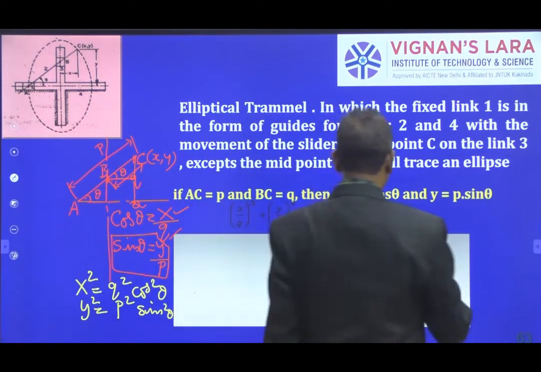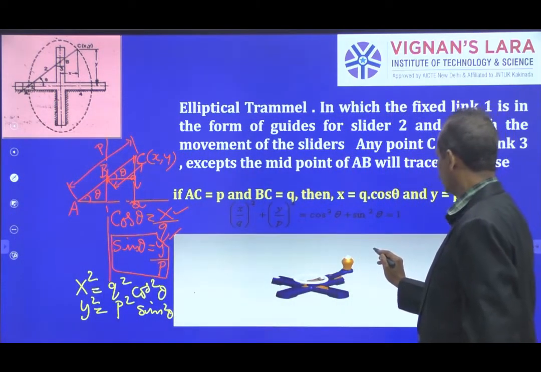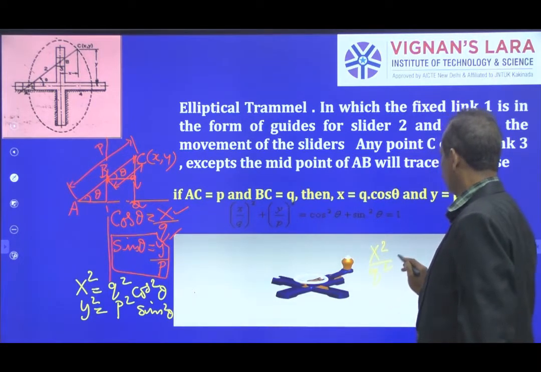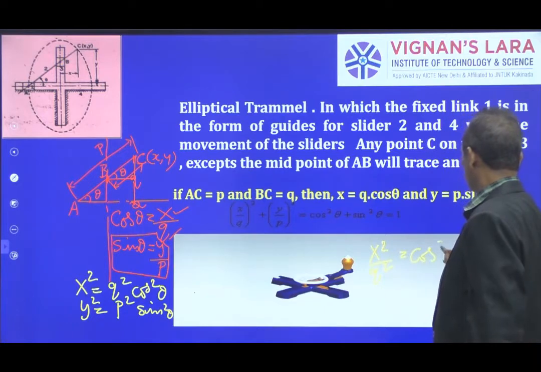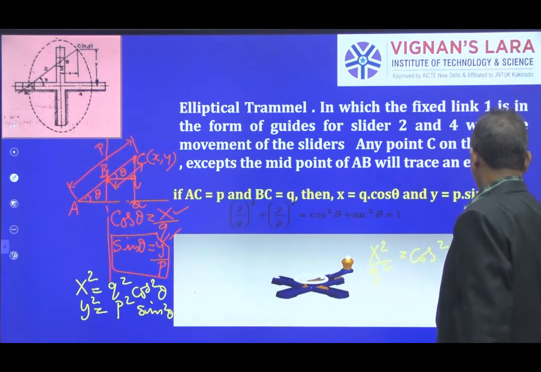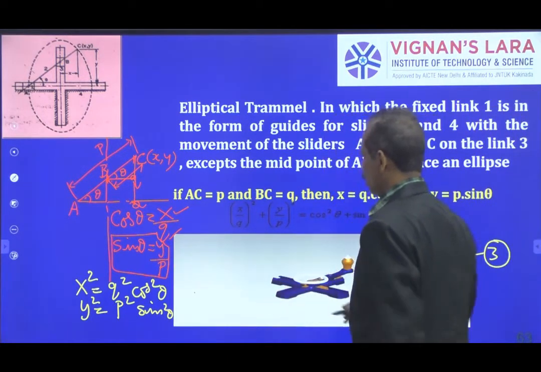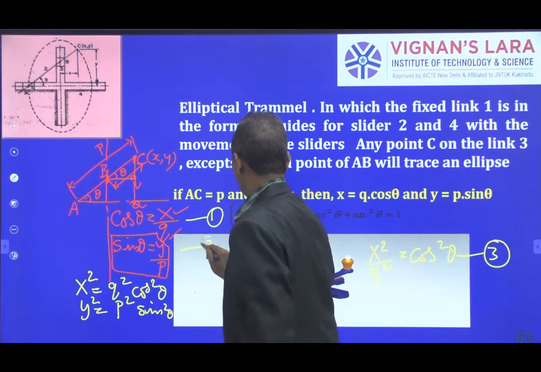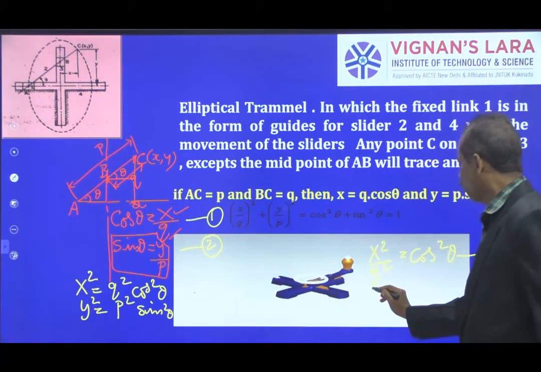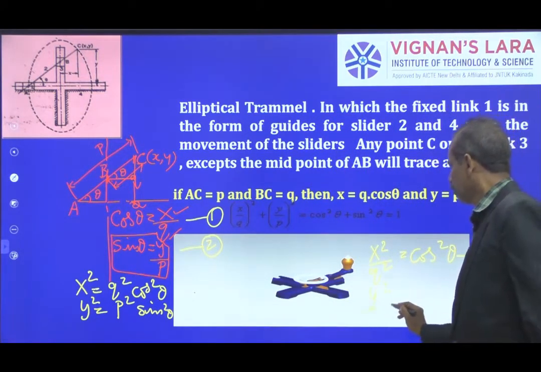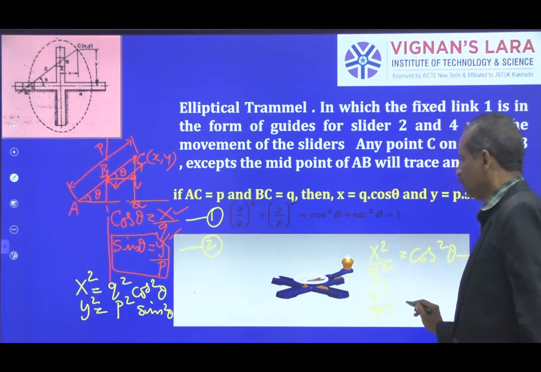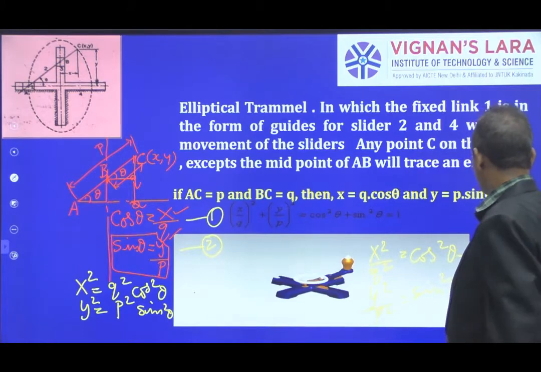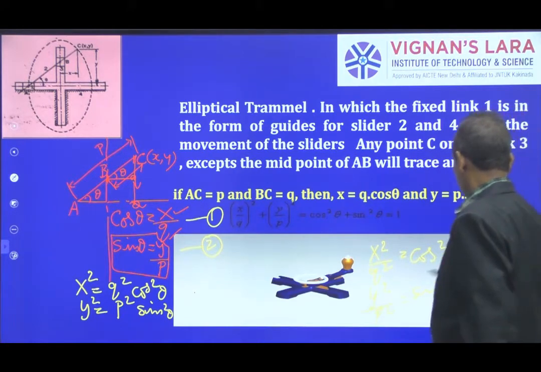Then I can rearrange that: x square by q square is cos square theta, say equation number 3, I call these 1, 2. Then y square by p square is sine square theta. This is equation number 4.